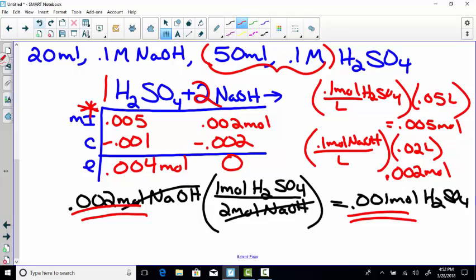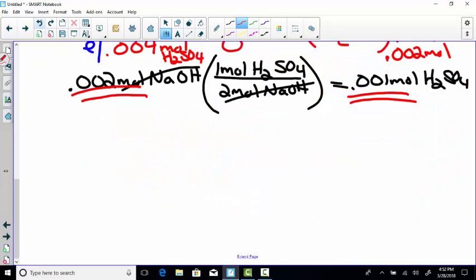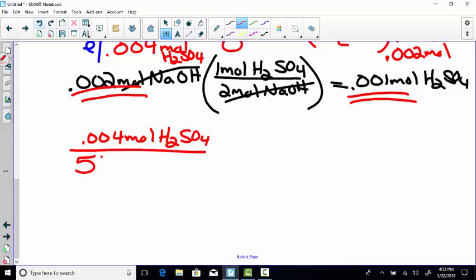Now, I need more space, but this is my moles of H2SO4, and what I need to do now is determine what will be my new concentration. So, the moles of H2SO4 is 0.004 moles, and that 0.004 moles is in the 50 milliliters that we started with plus the 20 milliliters that we just added.